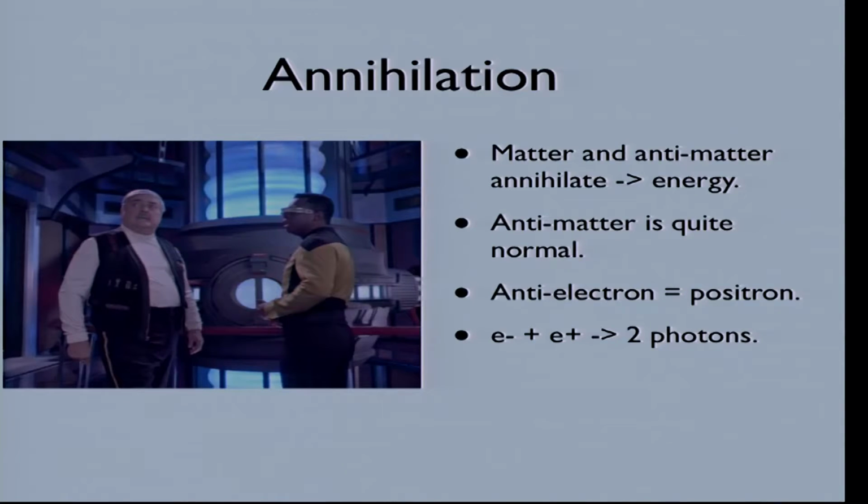And the best possible use of E equals mc squared is, of course, starships. And I'm sure that many of you know that the Enterprise is powered by taking matter and antimatter and annihilating it together and getting energy out in a reaction that's 100% efficient.